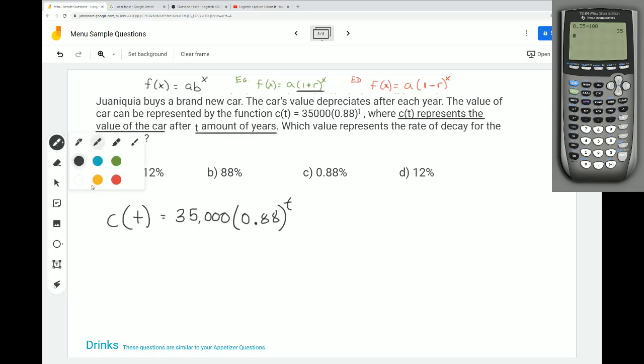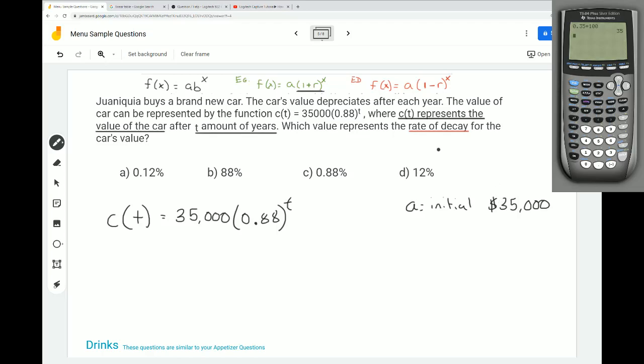Something I want to emphasize here is that they're talking about decay this time. So we're going to look at the exponential decay formula. So remember, a is our initial value. Our initial value is that first number being multiplied. That there is 35,000. So what this means is that the car, when Juanico bought it, cost 35,000.